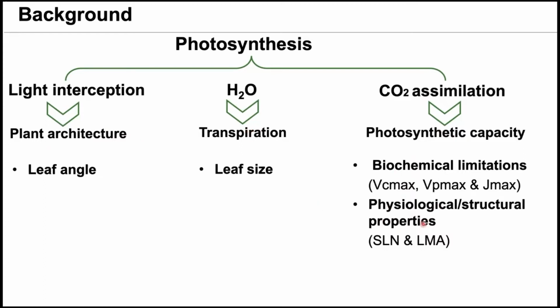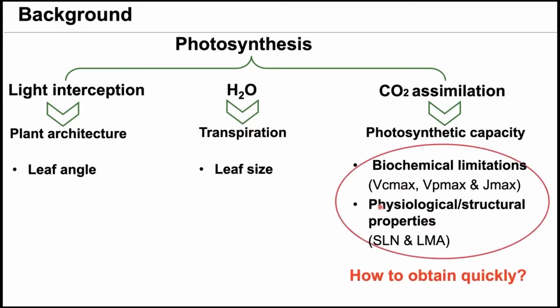I'm going to talk about the biochemical and physiological properties. Well, to improve biochemical and physiological properties in large breeding programs, we need high-throughput to obtain this data quickly, which is still the bottleneck for this part, how to obtain these biochemical and physiological limitations quickly.